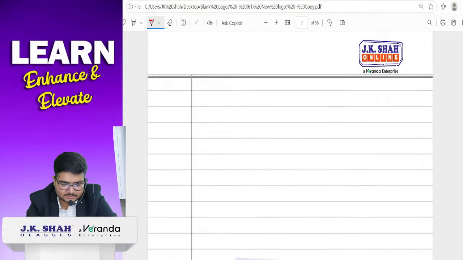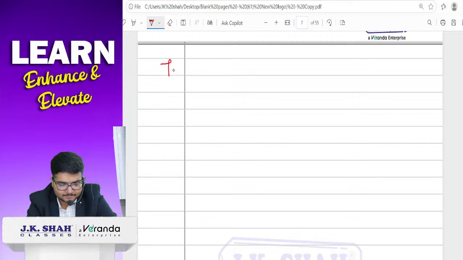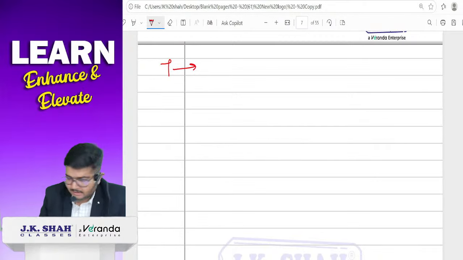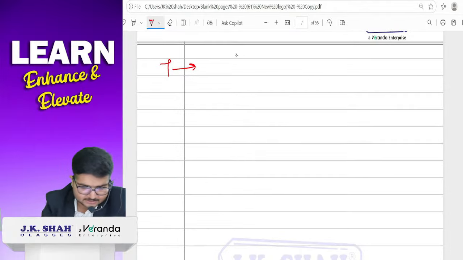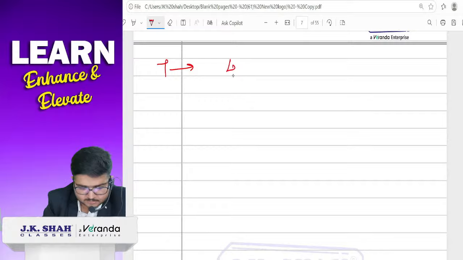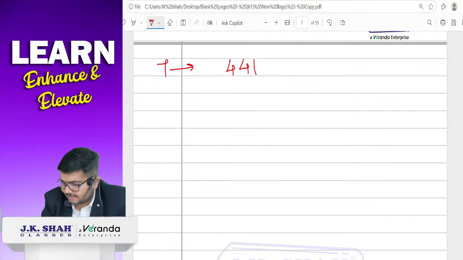Now let us do the divisibility rule of 7. What was the divisibility rule of 7? Let us do it with one example. 441. I have to check if it is divisible by 7 or not. The steps are very clear. Please pay attention.